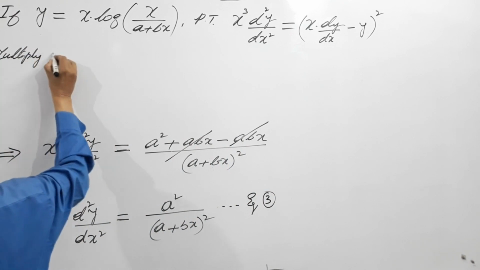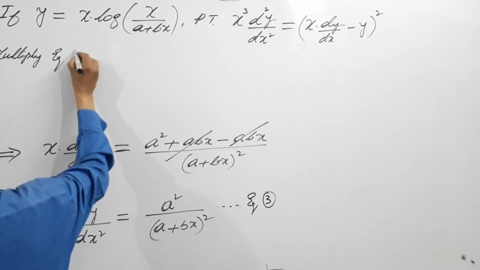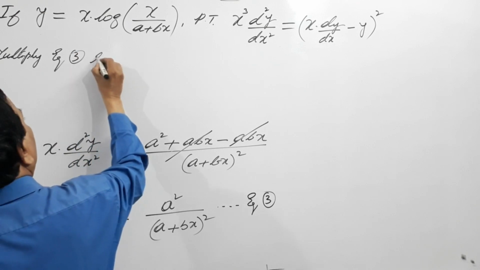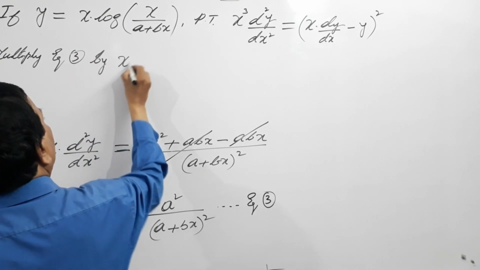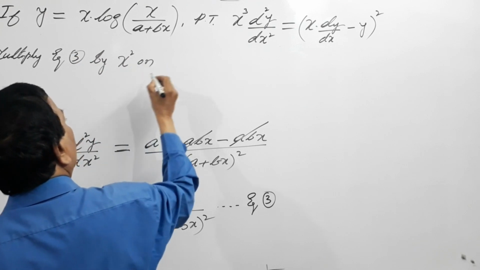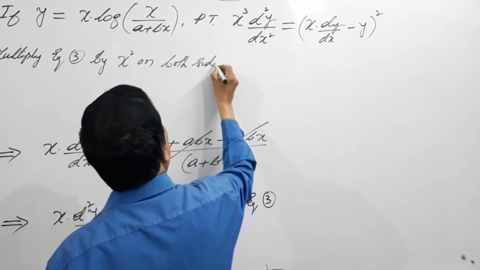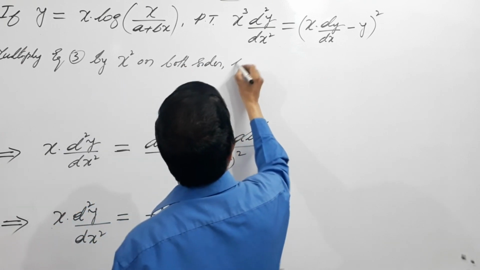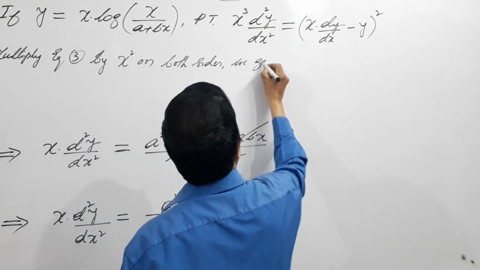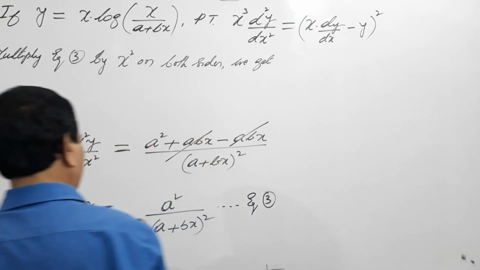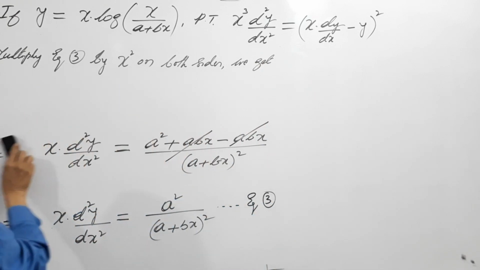Multiply equation 3 by x square on both sides. We get, what happens here?